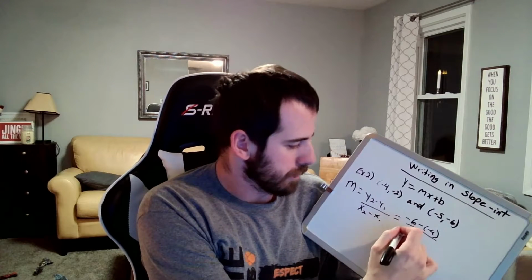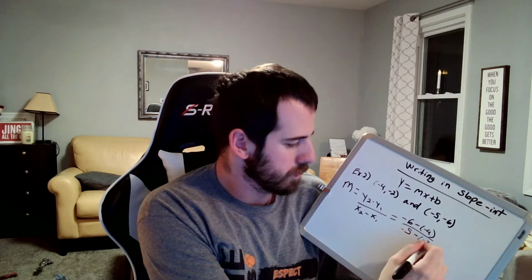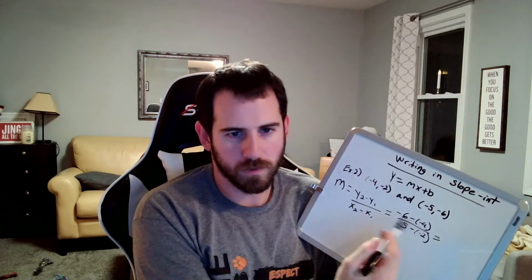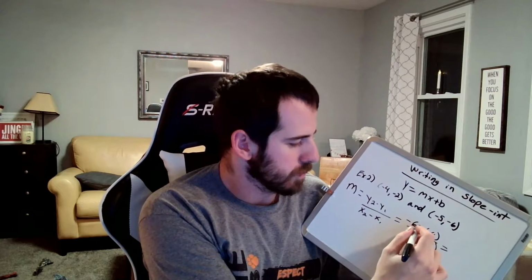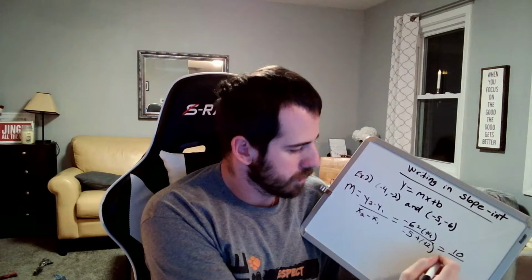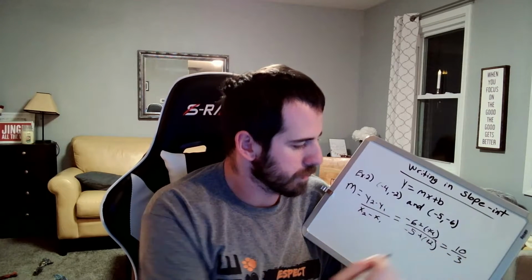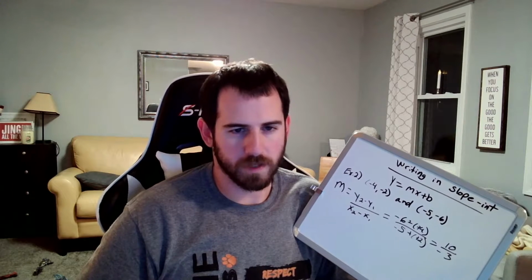And then x2 is -5 minus x1 is -2. You notice we got the double negative rule here twice, so I'll add on both of them. I'll get 10 over -3. It's a goofy slope, but that's perfectly fine.